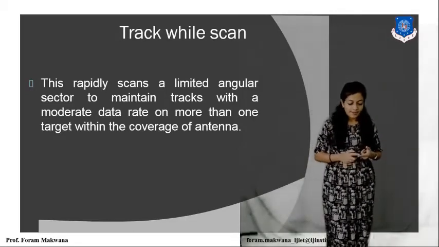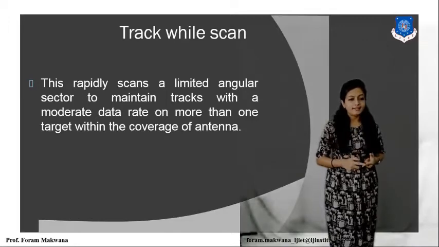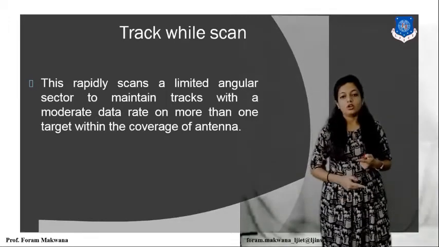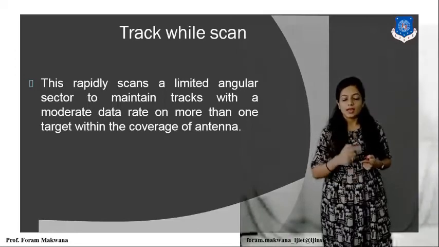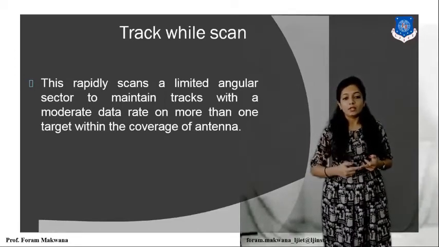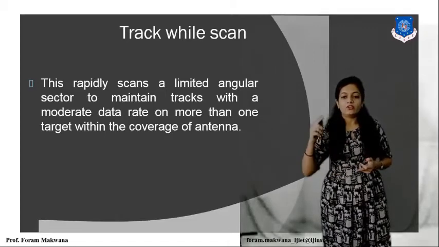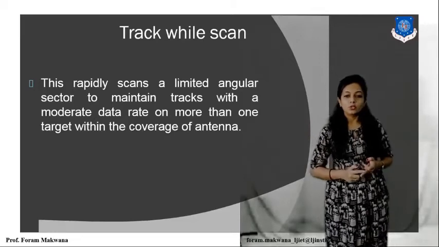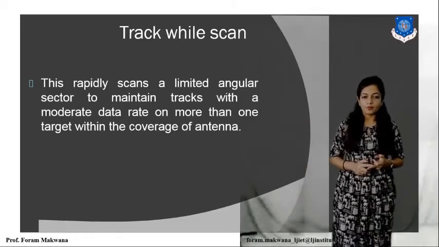Apart from that, as we know, in tracking we get the core information like range, Doppler frequency, azimuth angle and elevation. But what if we need to track while scanning? That is done with the help of track while scan.